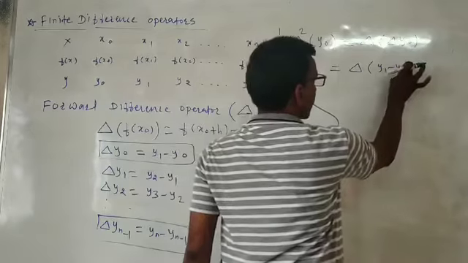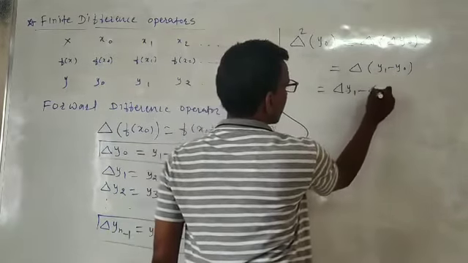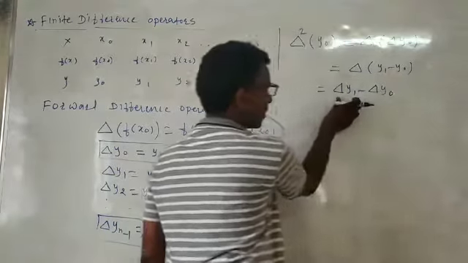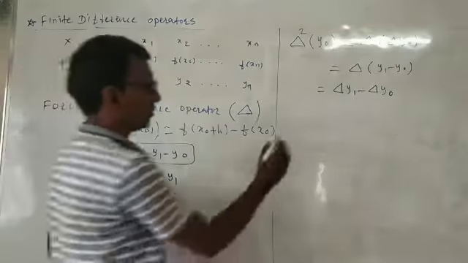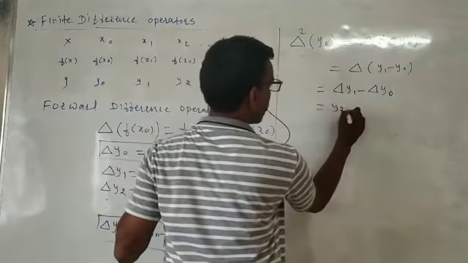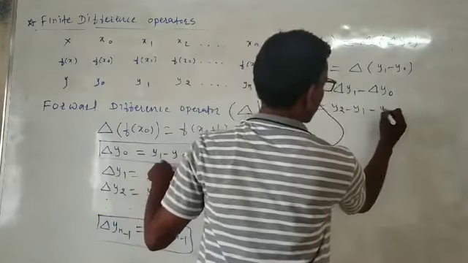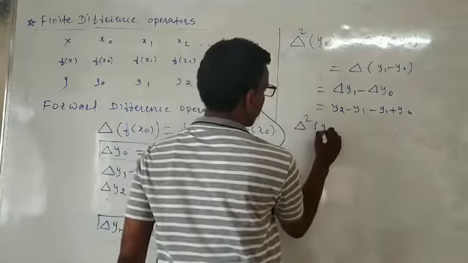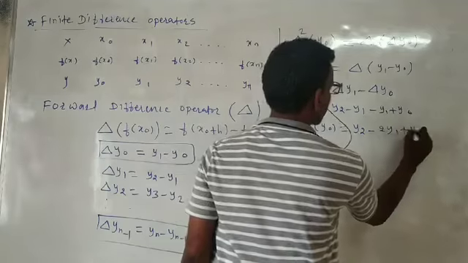So this can be written, by using the formula, as y2 minus y1 minus y1 minus y0, or y2 minus 2y1 plus y0.